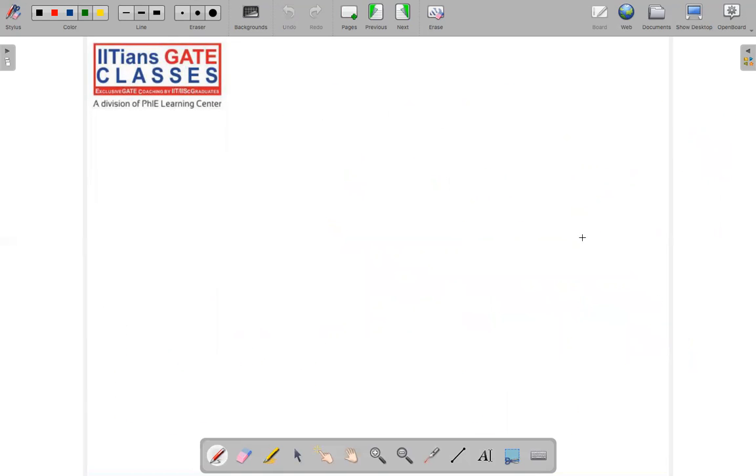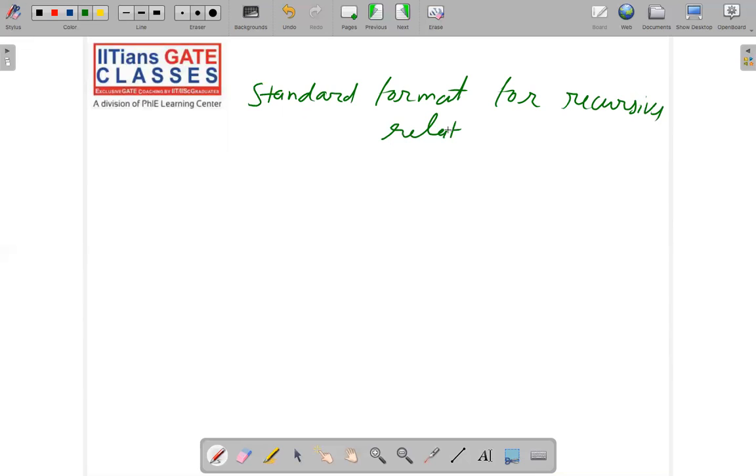So let's convert this into the standard format for recursive relation. Okay, so what was our function?